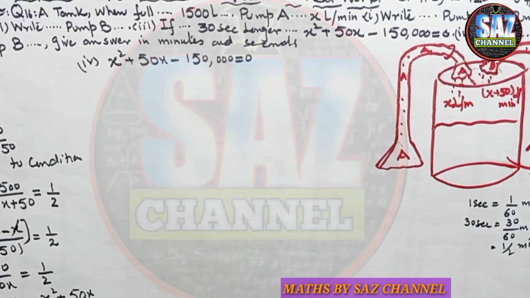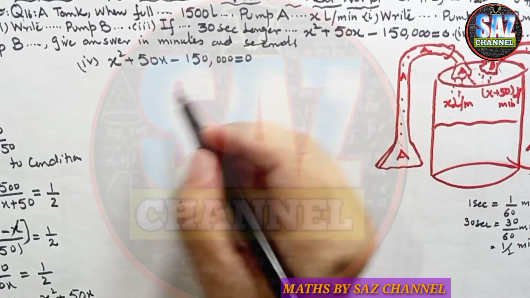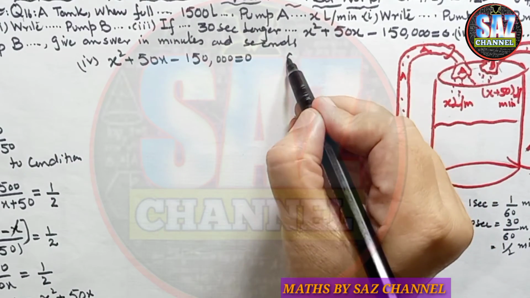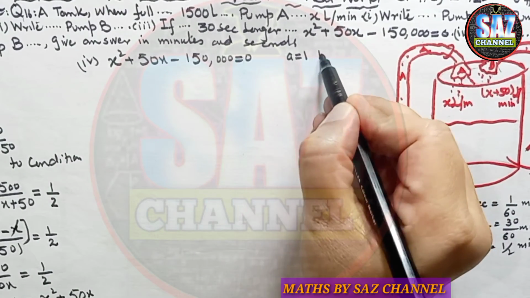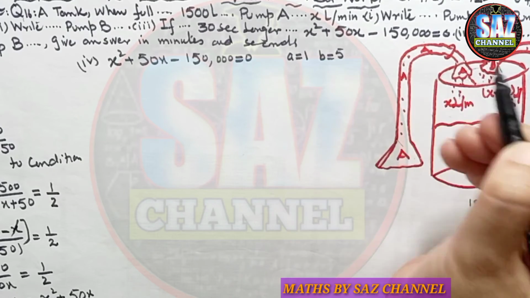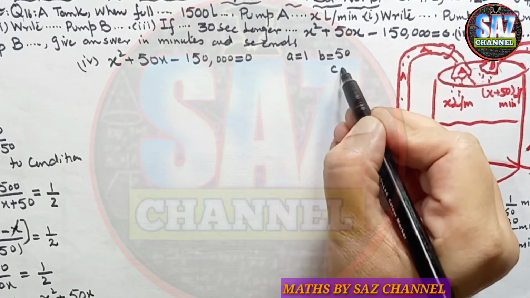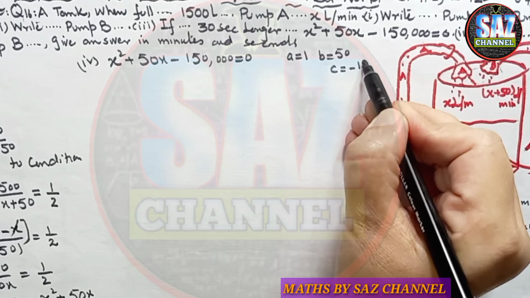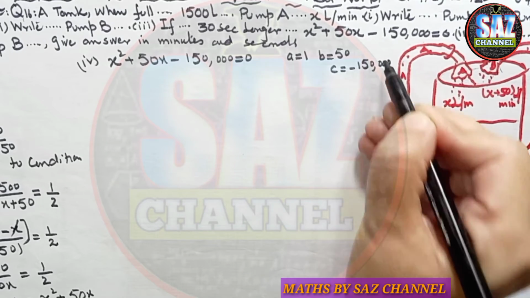As the question is large, it's better to apply the quadratic formula carefully. A of the equation is 1, B equals 50 and C equals minus 150,000.